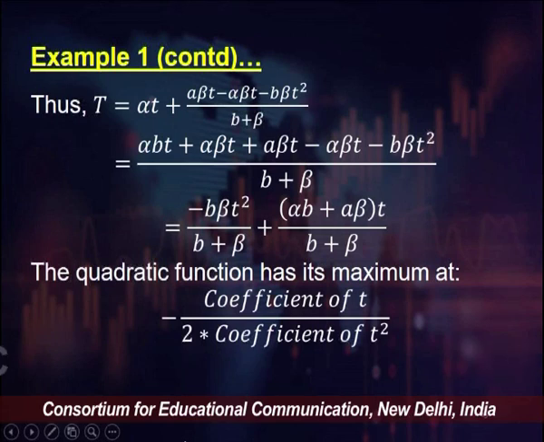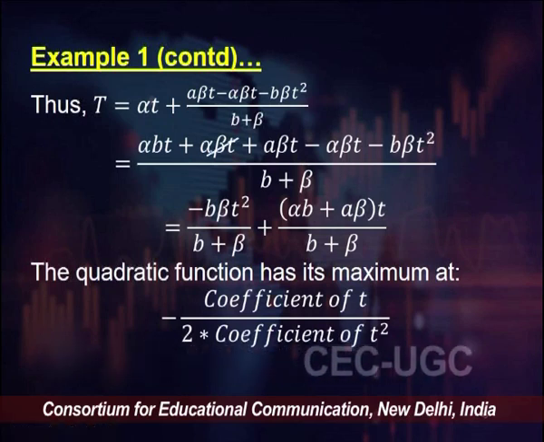So we have B plus beta in the denominator, and now once we cross multiply, we're going to get alpha times B t plus alpha beta times t plus A beta t minus alpha beta times t minus B times beta times t squared, divided by B plus beta. You can see here that two terms are getting cancelled.